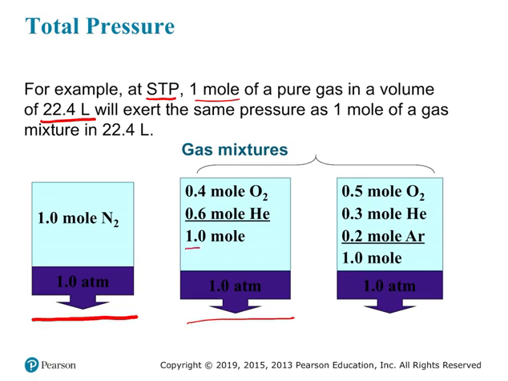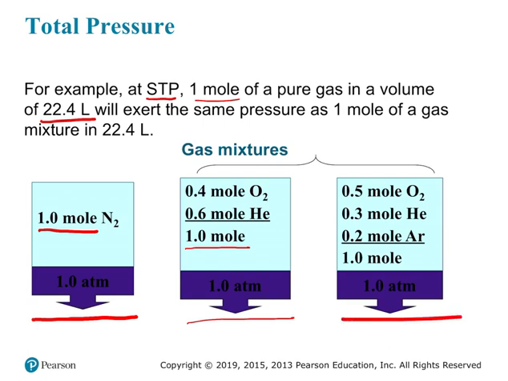That will add up to 1 mole of gas overall, the same amount as our pure gas. So the mixture and the pure gas will both exert the same exact pressure of 1 atmosphere. That's really cool, whether you have a pure gas or a mixture. If you have 1 mole total, it will exert the same exact pressure.